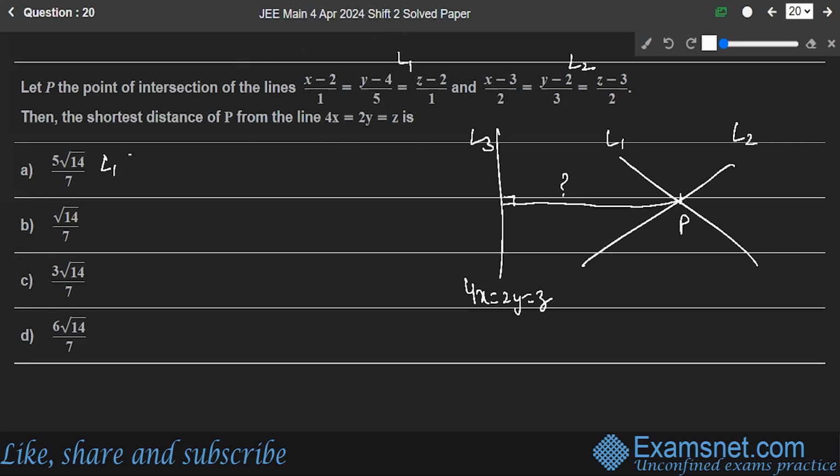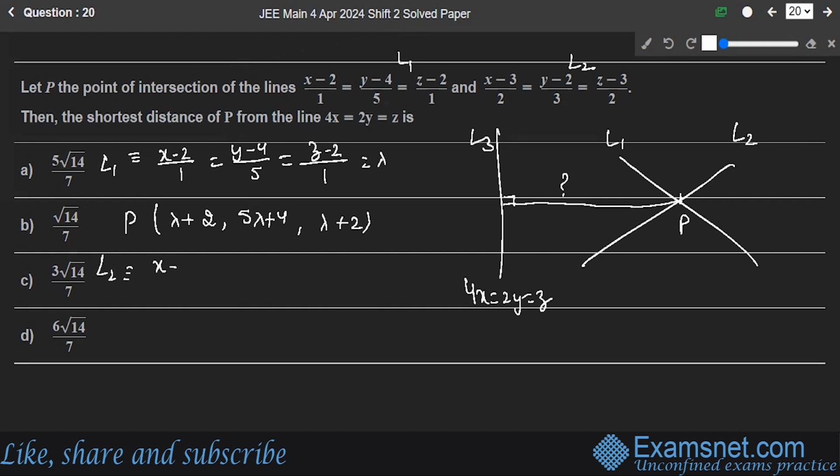So first, L1 is given to you: x minus 2, y minus 4, z minus 2, let's say that's equal to some lambda. So any point P on this line will be given by lambda plus 2, 5 lambda plus 4, and this. Now you have the L2 line.